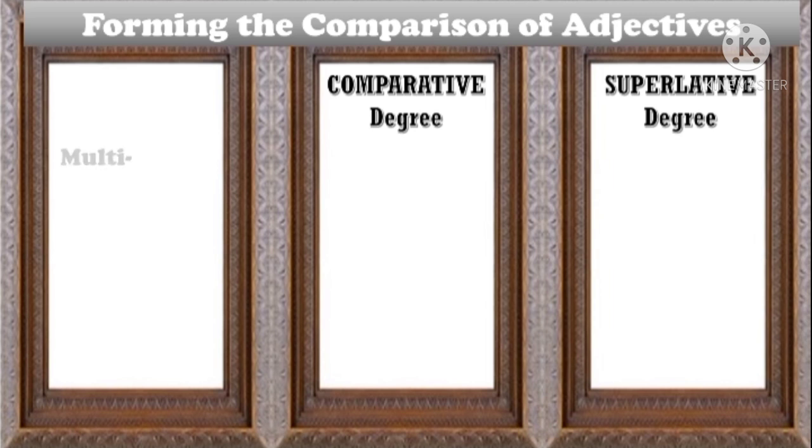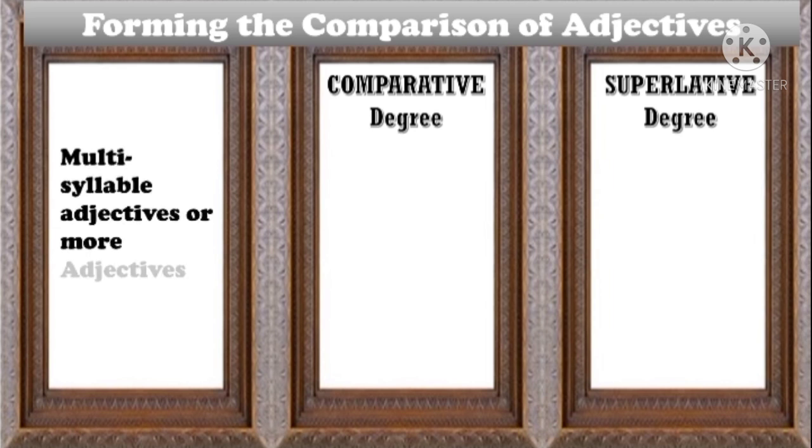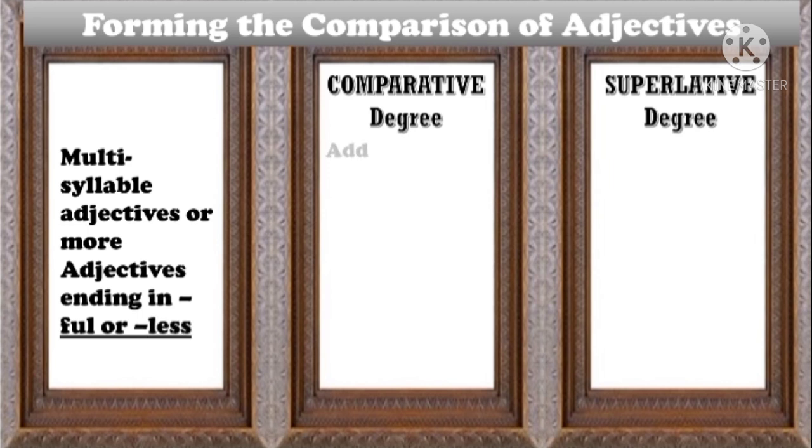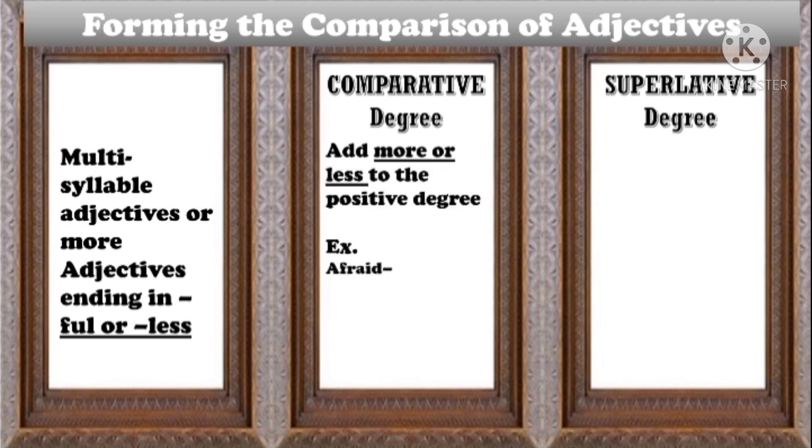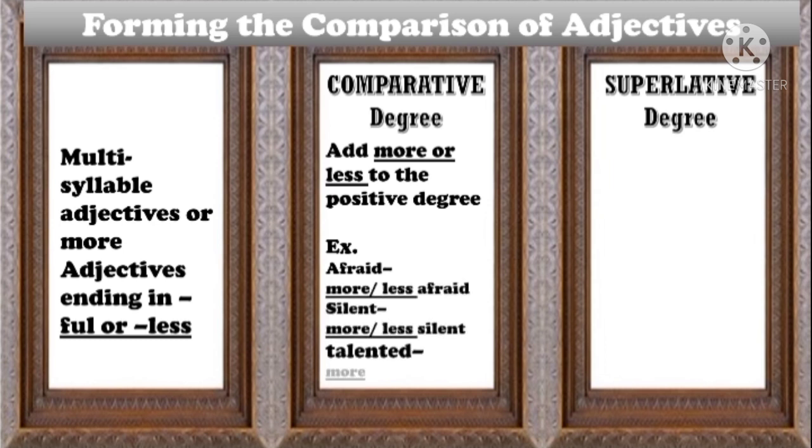Next rule is multi-syllable adjectives or more adjectives ending in full or less. In comparative degree, add more or less to the positive degree. Examples: afraid becomes more or less afraid, silent becomes more or less silent, talented becomes more or less talented.